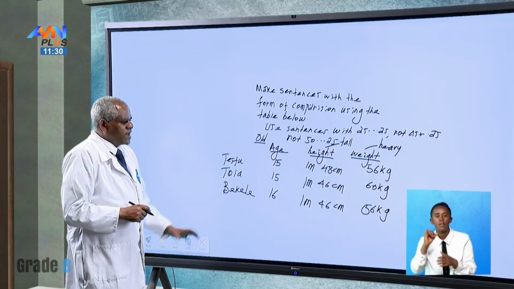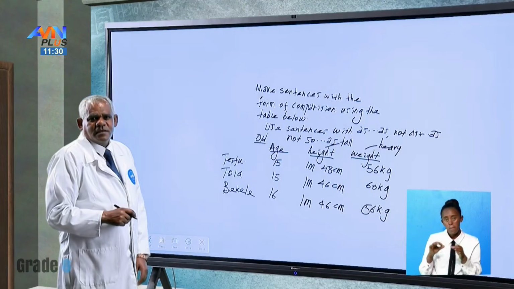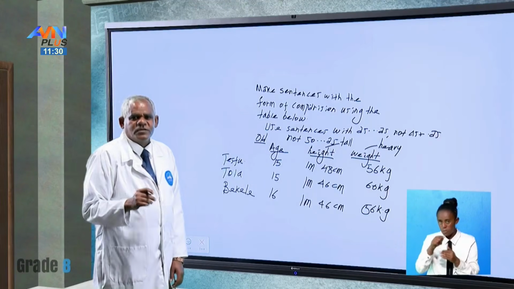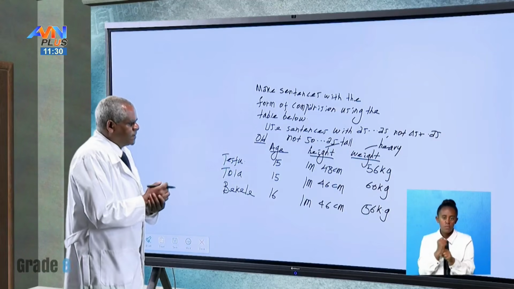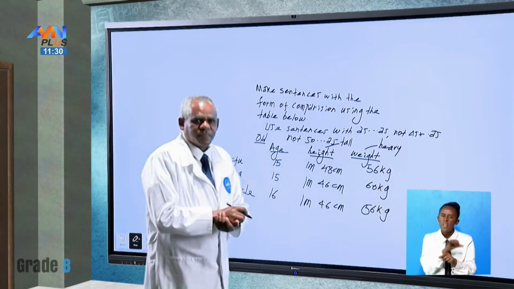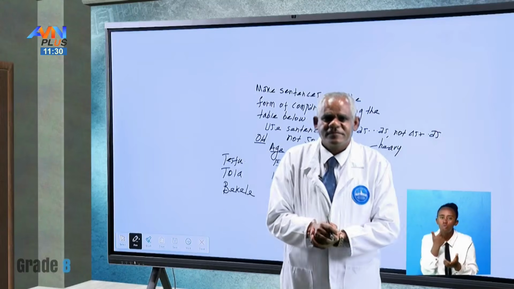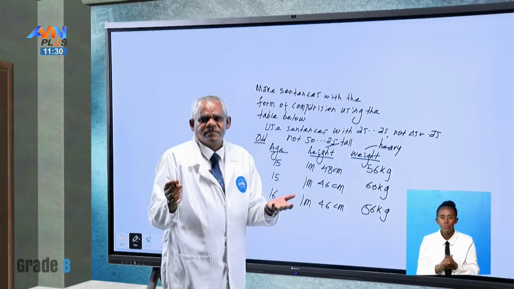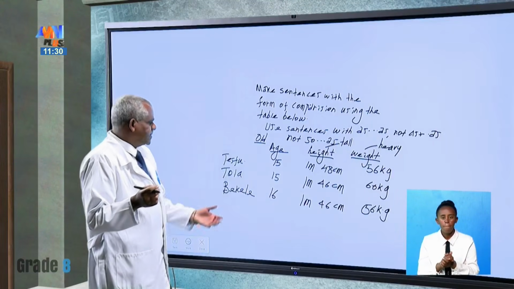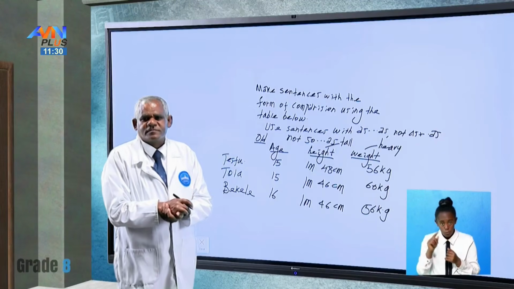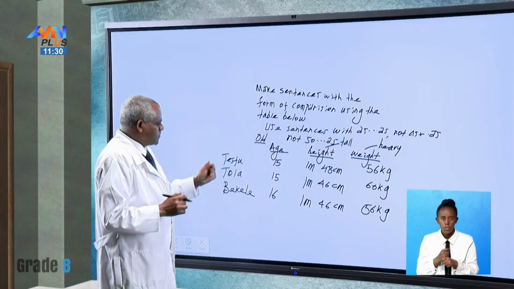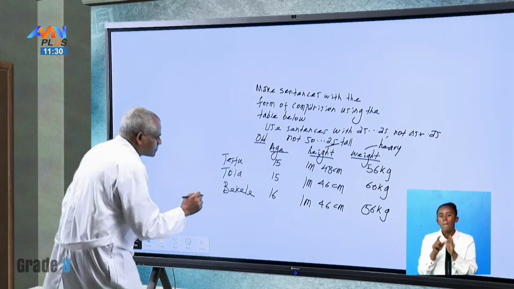I would like to give you one sample example, and then you are going to finish by yourself. Let's go. Who are similar in their age? Who are they? Exactly. Tesfu and Tola are similar in their age. Therefore, I'm going to give you one sample example for it.